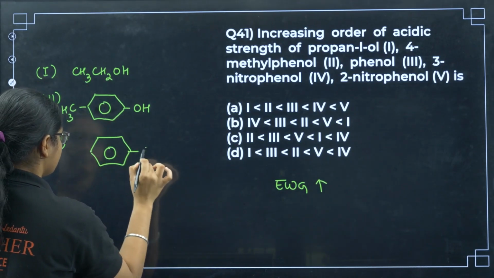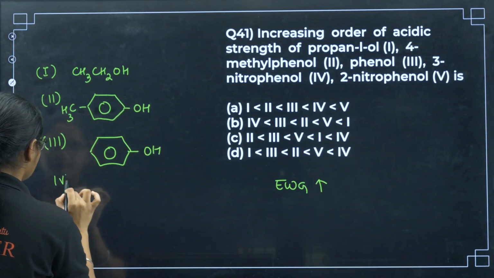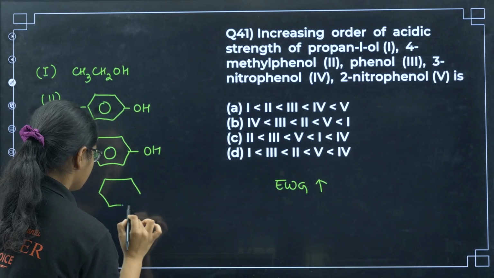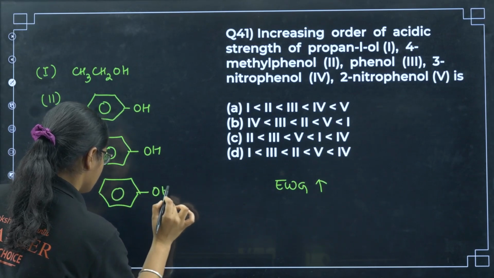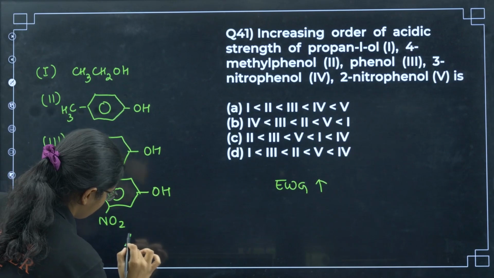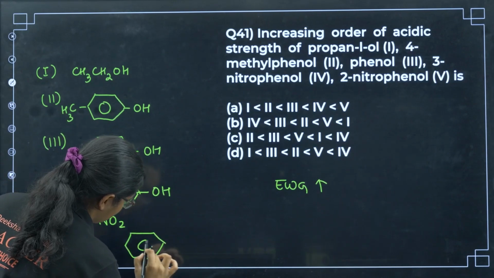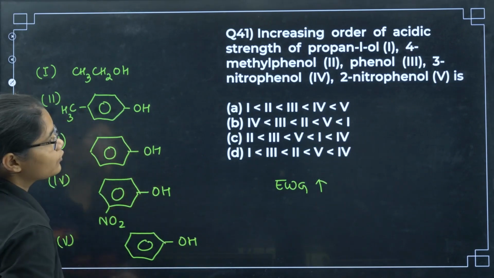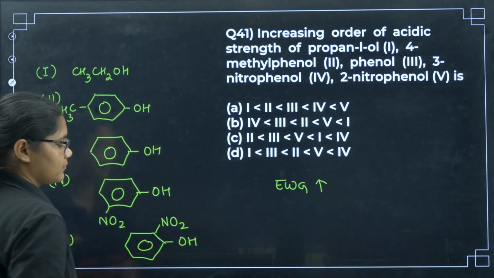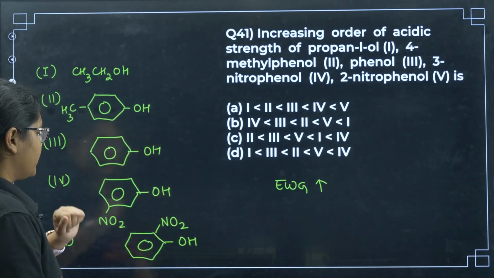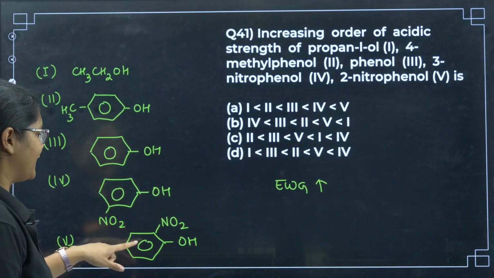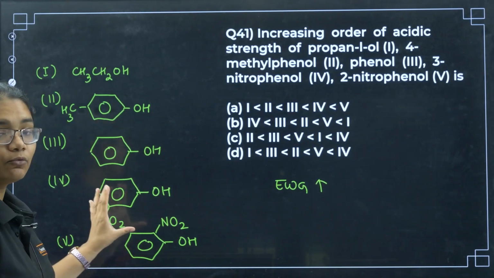Then you have 3-nitrophenol, and the fifth one will be 2-nitrophenol. Now you can see where electron withdrawing groups are present, here and here. So definitely these two will be more acidic.